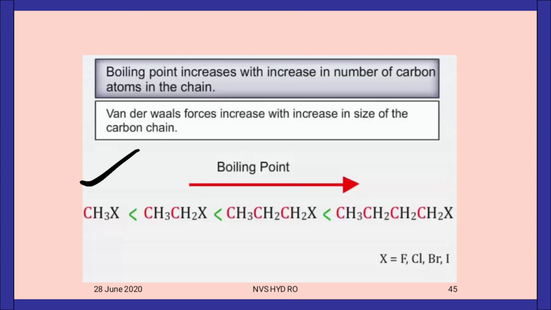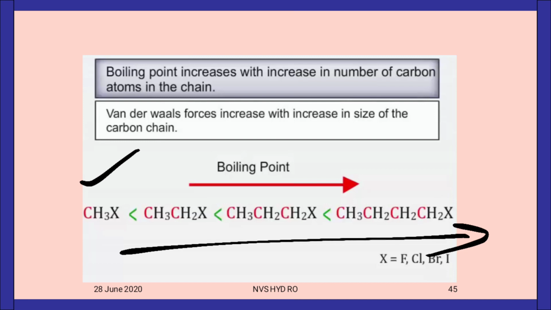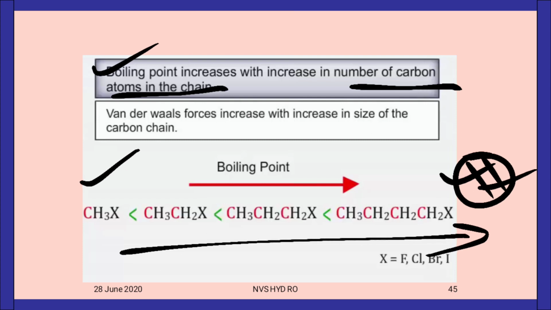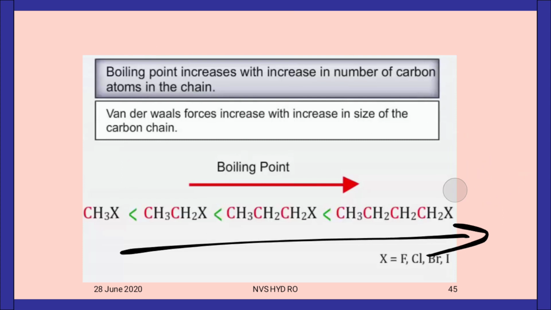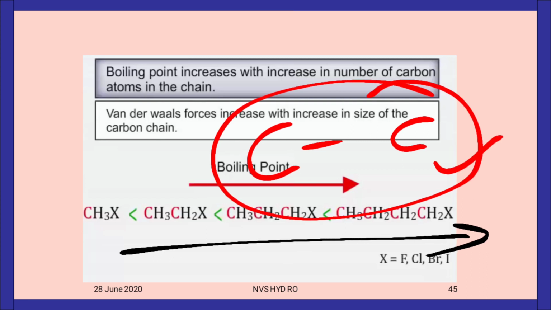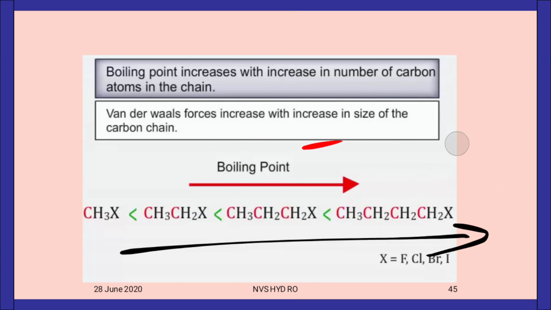Showing you the order of the boiling point, you can clearly see it decreases like this. Boiling point increases with increase in the number of carbon atoms. Sorry, what I had just spoken was wrong. Actually, अगर आपके जितने जितने कार्बन बढ़ेंगे तो उतनी strong interaction होगी, उसमें कोई problem नहीं है. ठीक है, तो उतनी ज़्यादा strong interaction बढ़ने के कारण आपका boiling point अपने आप increase हो जाएगा.